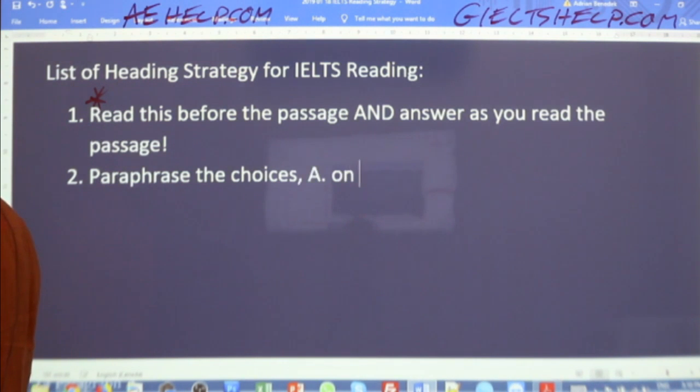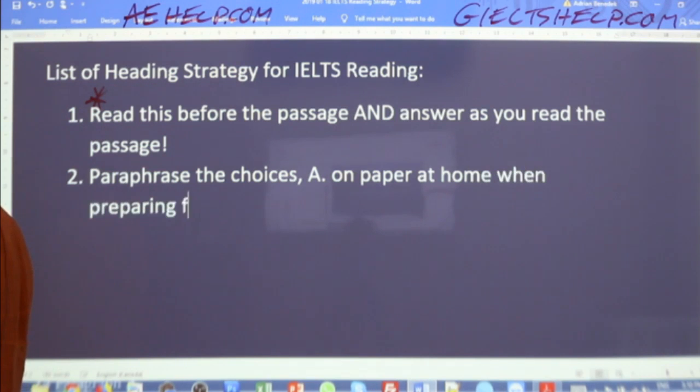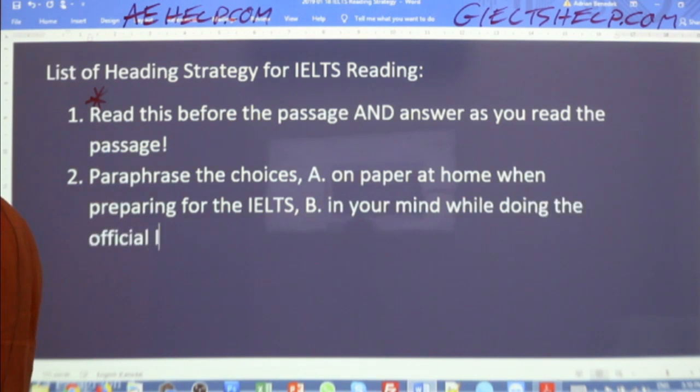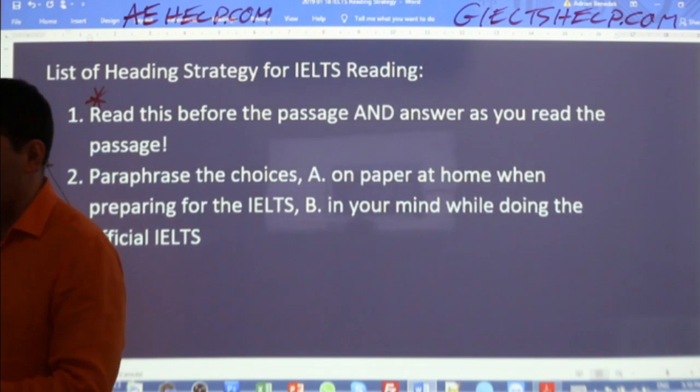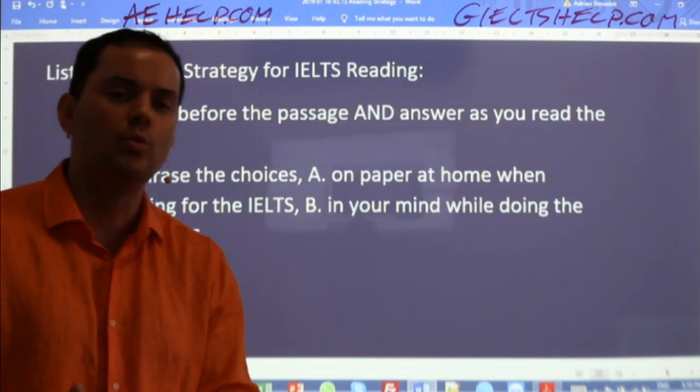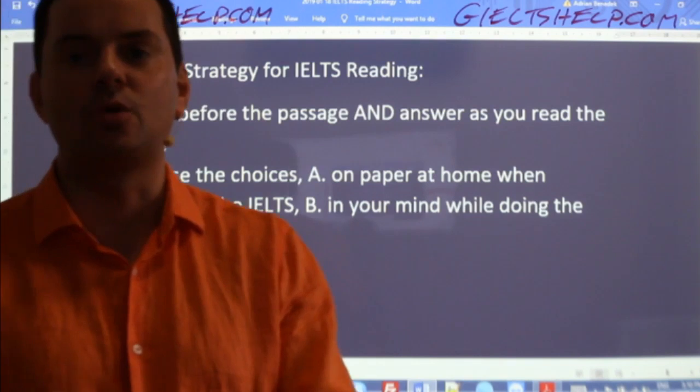A, on paper at home when preparing for the IELTS. And B, in your mind while doing the official IELTS. Okay? So, and a third strategy, so these are all important here, and we're going to do this step by step. You will master this question, okay?